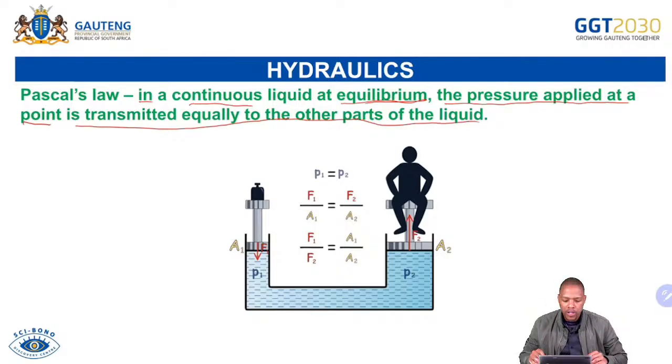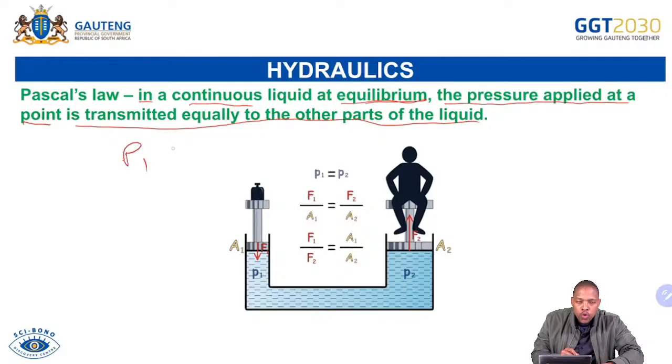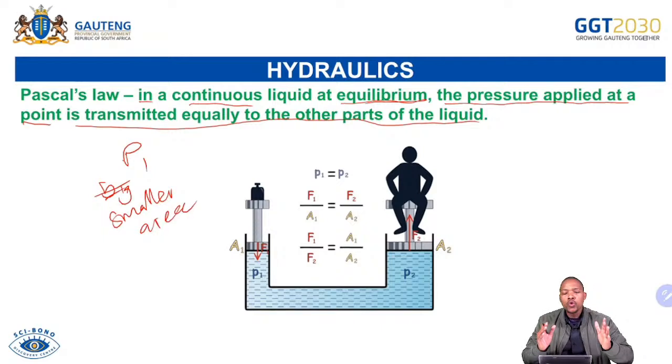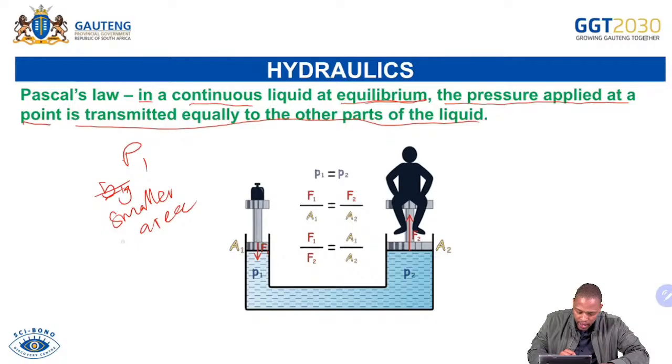So we're not going to waste a lot of time here. When we're dealing with hydraulics, we are going to be looking at something that looks like this, where we are talking about two pistons with different areas. Piston 1 will usually have a smaller area, and on piston 1 is where we are going to exert a smaller force.